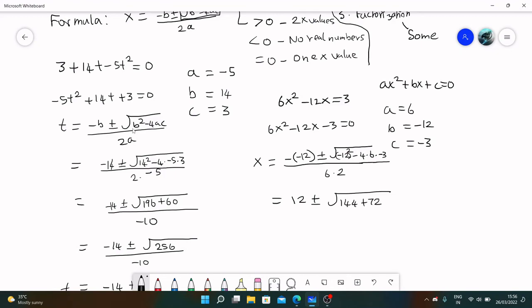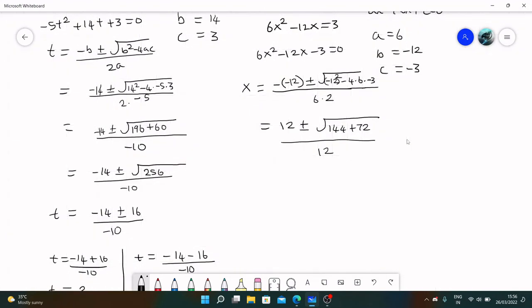Your 72 is a product of minus 4 into 6 into minus 3. That's divided by 12. And then you have the square root of 216. So 12 plus minus root 216 by 12.